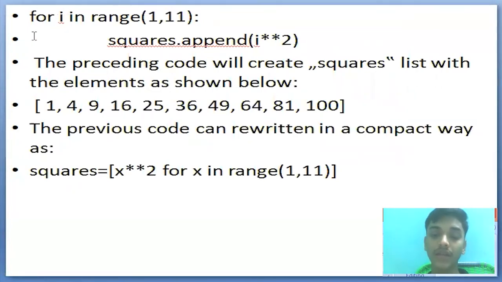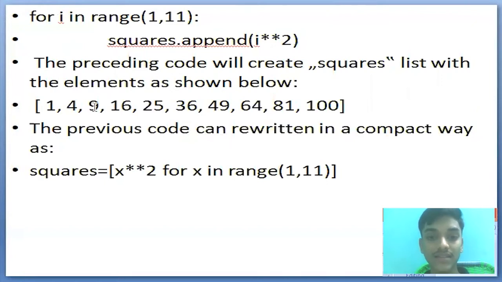So for i in range of start, stop, and step, squares.append means we are adding squares of the particular number of the range from 1 to 10. Here we take 11 because range is a built-in function where we have to take a number more than we want as a result. So the preceding code will create the squares list with the elements as shown below.